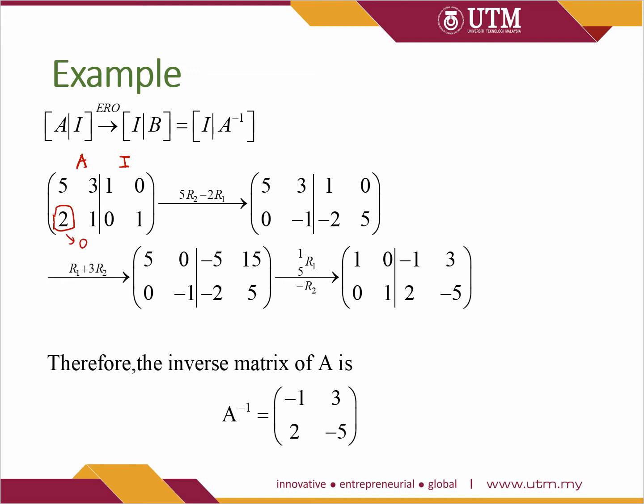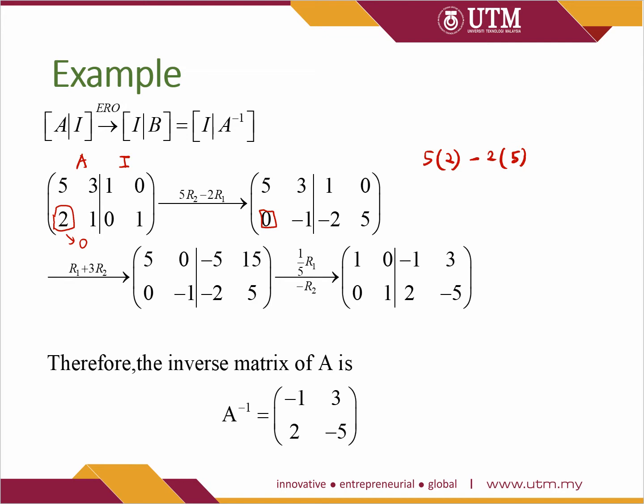So in order to do this, we have to multiply the second row by 5. So we get 5 times 2 minus 2 times row 1, which is 5. So here we have our second row, first element is 0.